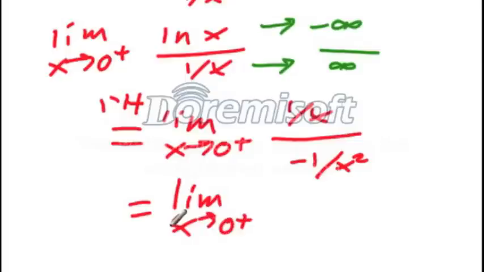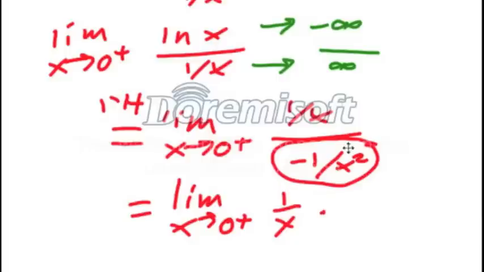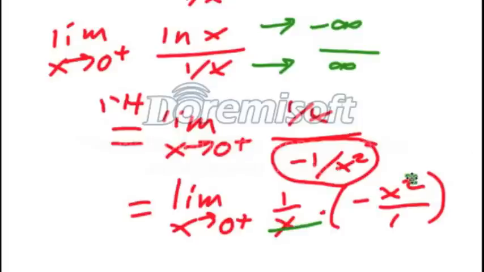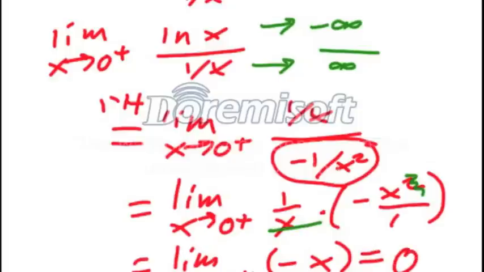Instead of dividing by this negative 1 over x squared, let's instead multiply by its reciprocal, which would be negative x squared over 1. And by writing it that way, we can see this x will cancel with one of these x's, leaving us with a negative x, actually just a negative x. And so now as x goes to 0, this whole thing's going to 0.